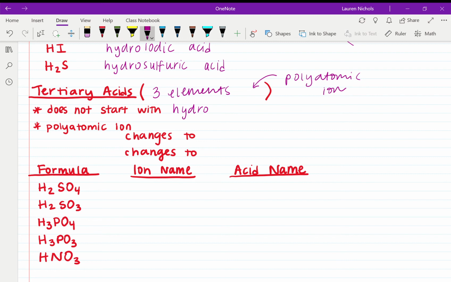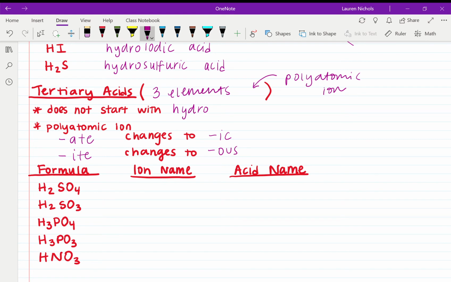You won't see any reference to the hydrogen, actually. But when you look at the polyatomic name, that's how you know how it's named. So for example, if it ends in ATE, then it will change to IC. But if it ends in ITE, it will change to OUS.